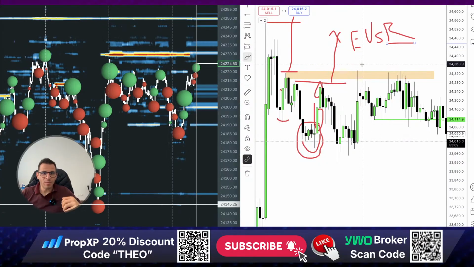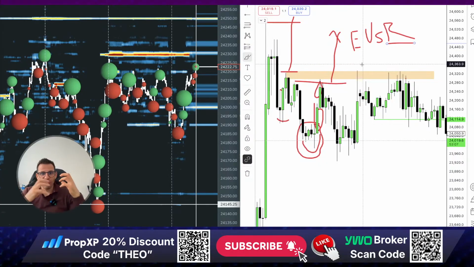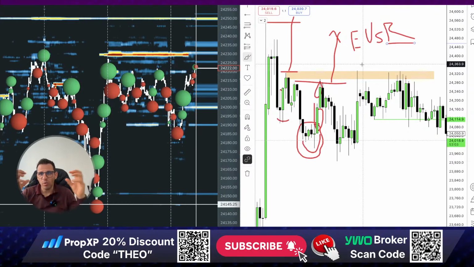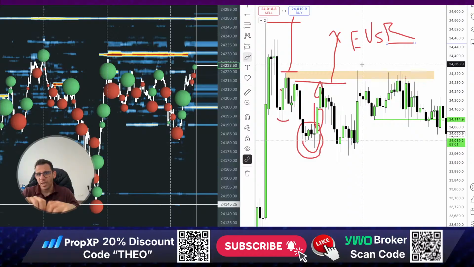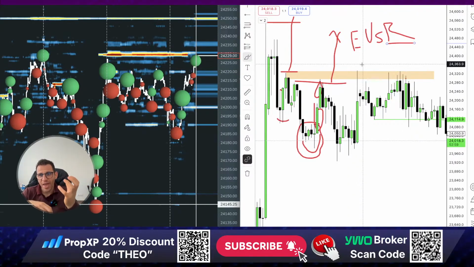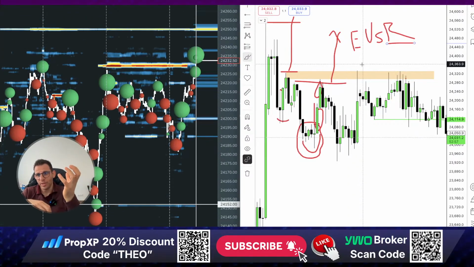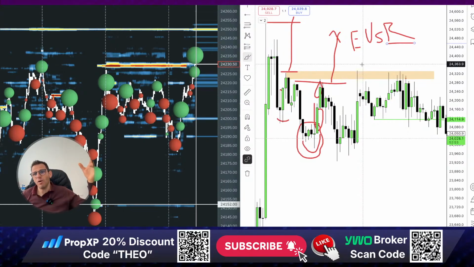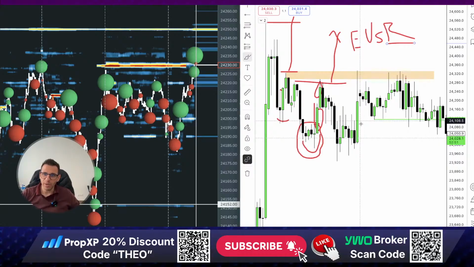But because in the market there is always that back and forth between buyers and sellers, always that interaction, if buyers failed to push the price up, then automatically sellers will take over and push the price lower.